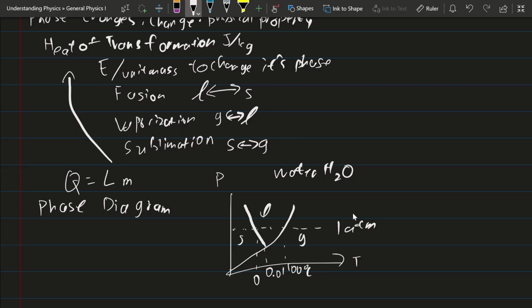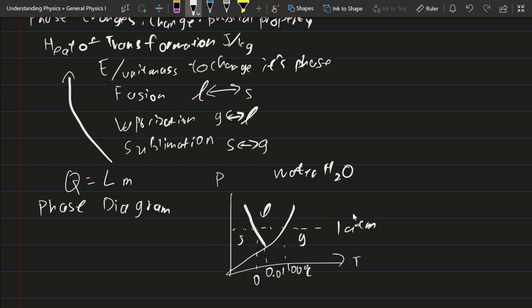Just by looking at this plot, if you keep track of your pressure as well as your temperature, you could determine what the phase of the object is. So this plot could help you solve for the amount of heat you need to change from one phase to another.